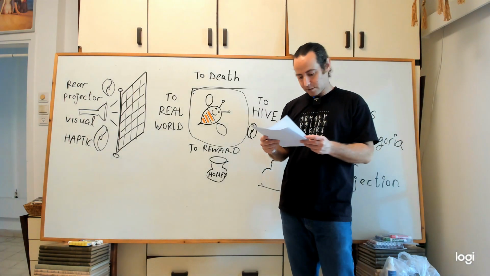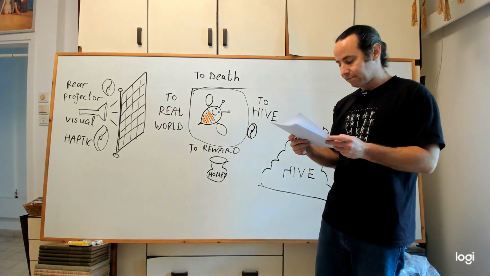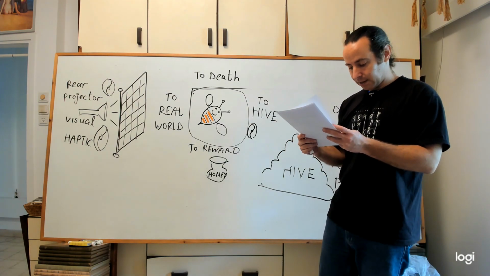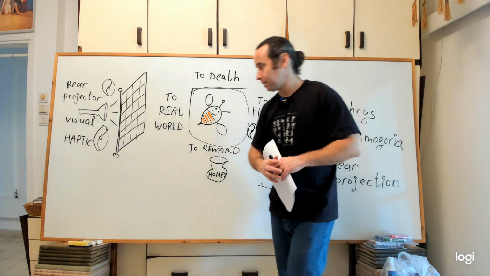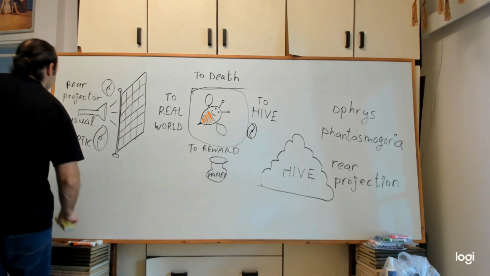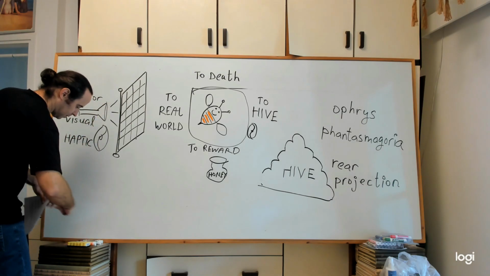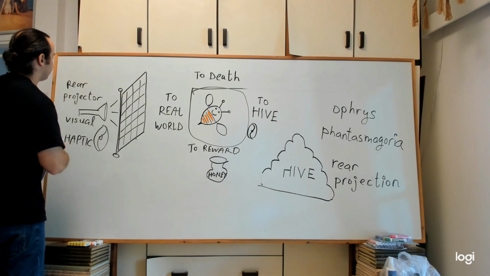Another component that we need in the simulator is an ultraviolet UV flashlight, because bees see ultraviolet, so I will draw it.